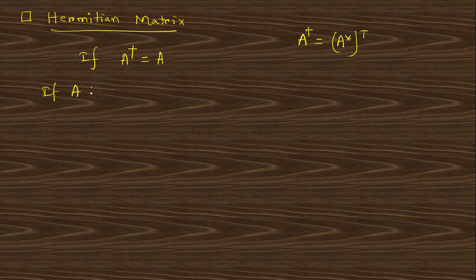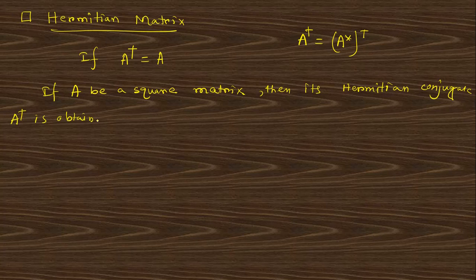So if A is a square matrix, then its Hermitian conjugate A dagger is obtained as the transpose of the complex conjugate of A. Just written in the written form.